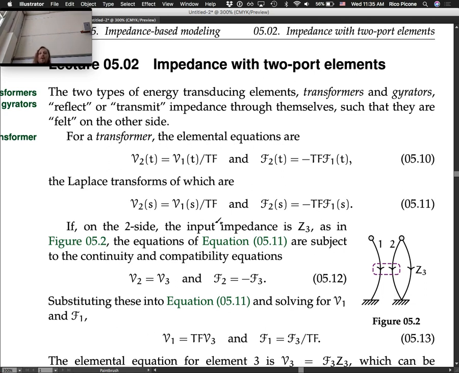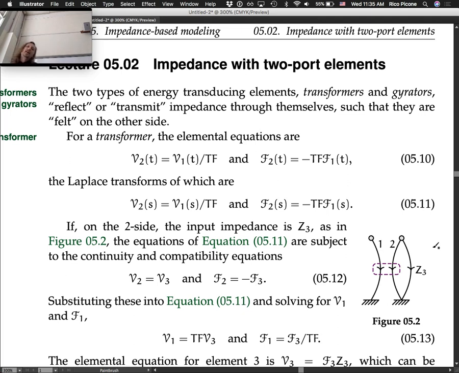If on the 2 side the input impedance is Z3, as in figure 5.2, right here is the figure, we're looking at this transducer where you've got a side 1, say the electronic side, and side 2, say the mechanical side. On the mechanical side, side 2, you've got some impedance, Z3.